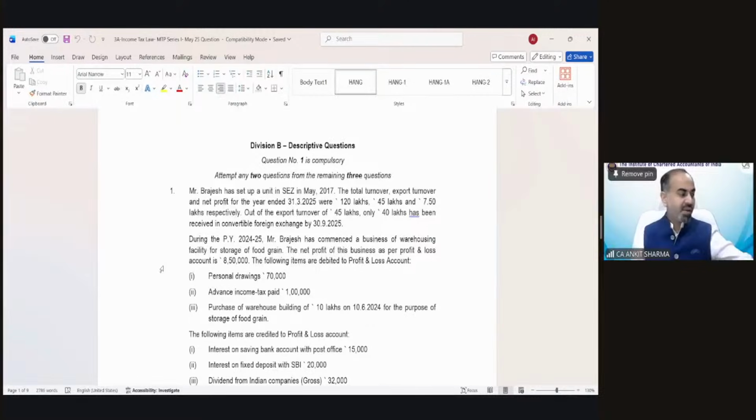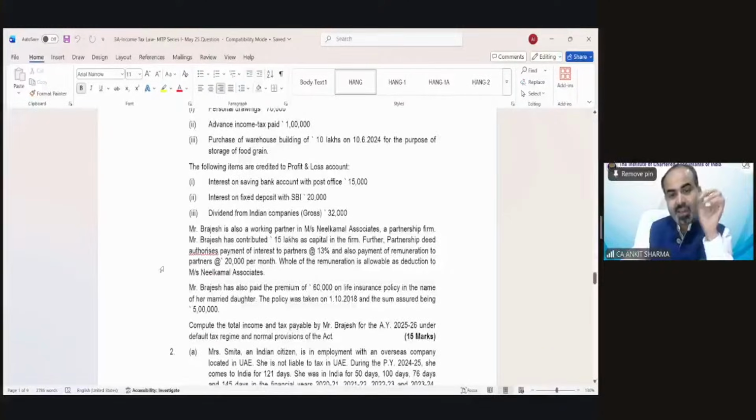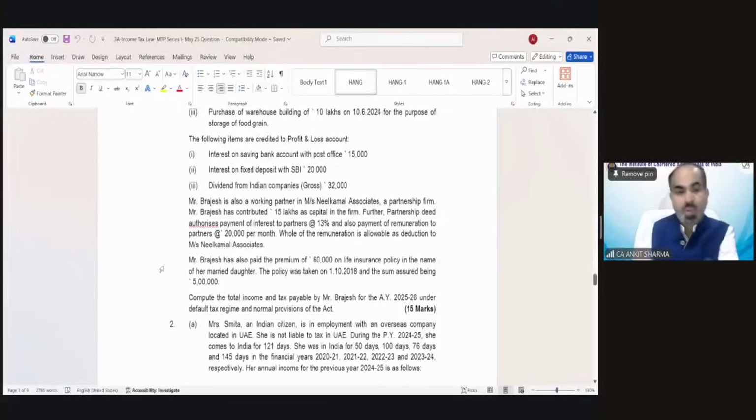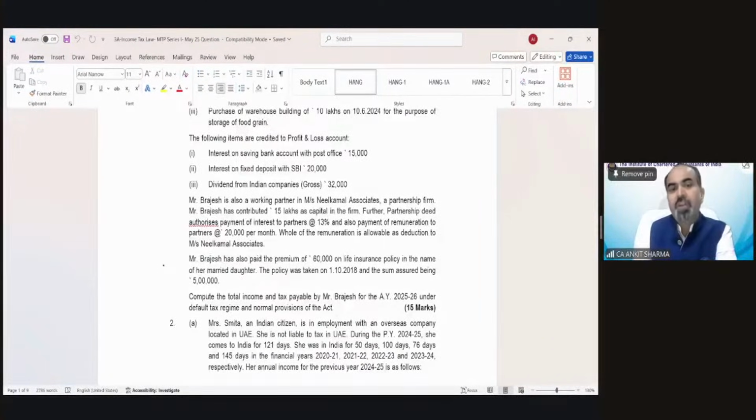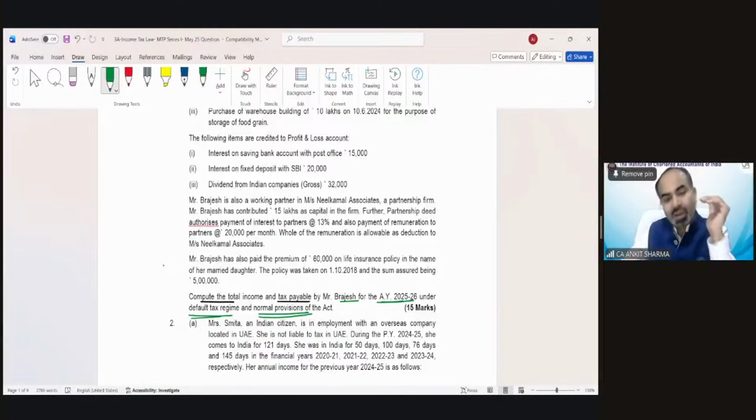As we are seeing in this question, the first thing to check, always, is whether I need to solve the question with the normal tax regime or the default one. It says, compute the total income and tax payable by Mr. Brajesh for assessment year 25-26 under default tax regime and normal provisions. So we have to calculate the income and tax, and we are going to calculate only the PGBP income under both heads.